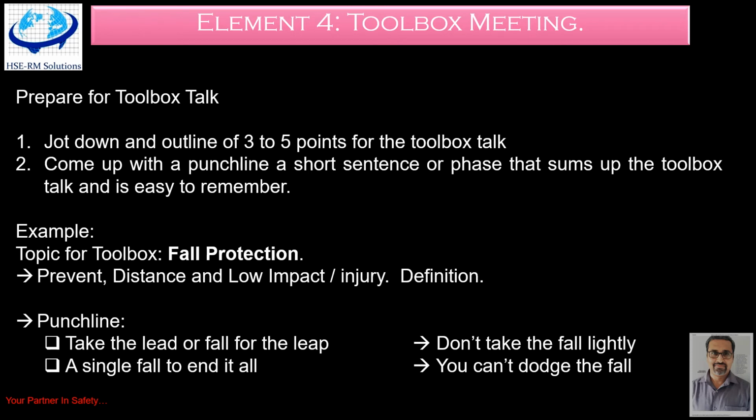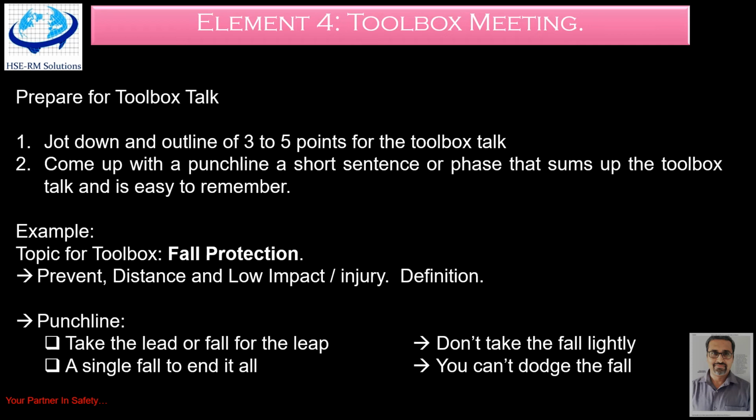Anything that is used by a person, a device, a system, or equipment to prevent a fall comes under fall protection. What does it do? It does only three things. First, it prevents you from falling, reduces the distance of fall, or reduces the impact or injury that is going to happen. So this becomes very clear.